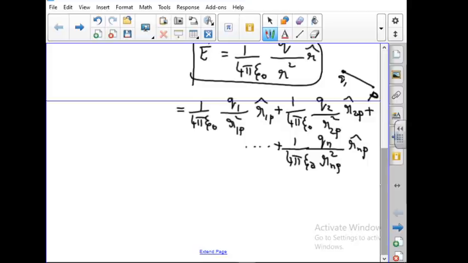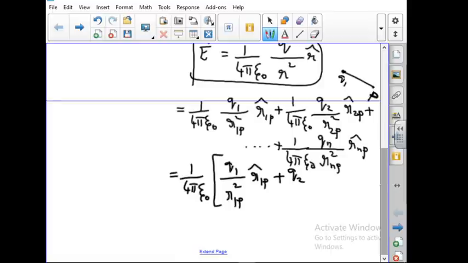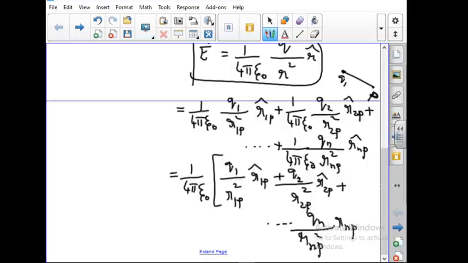So if you take the common term 1 by 4 pi epsilon naught outside, then we can write it as Q1 by R1P squared into R1P cap plus Q2 by R2P squared into R2P cap plus etc., Qn by RnP squared into RnP cap.